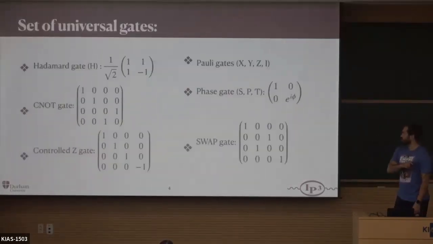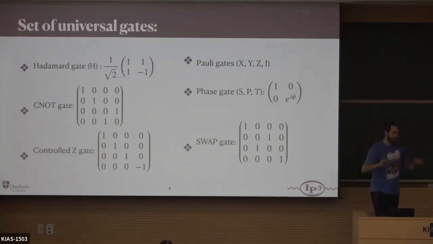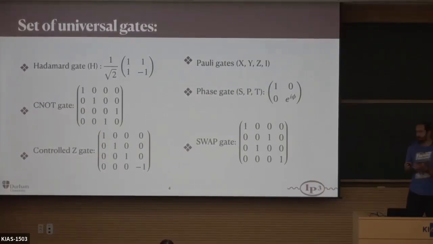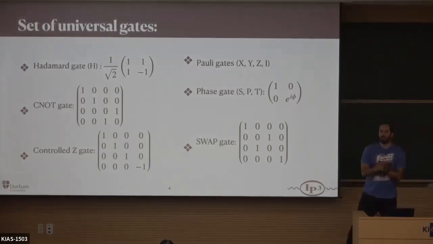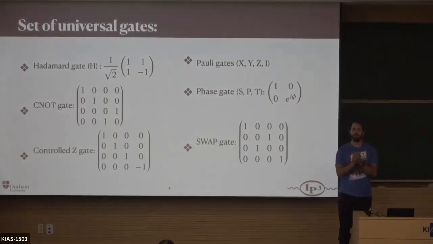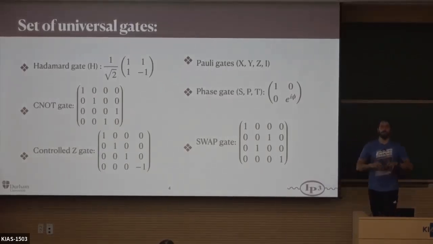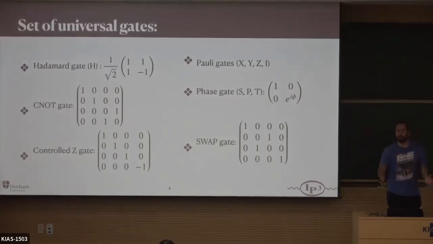Okay, so let's summarize a little bit the universal gates and what we are doing. So the thing is, quantum circuits are limited, okay? We have a limited set of operations that we can apply to a quantum circuit. And these are basically defined by a span of Pauli matrices plus the identity matrix.